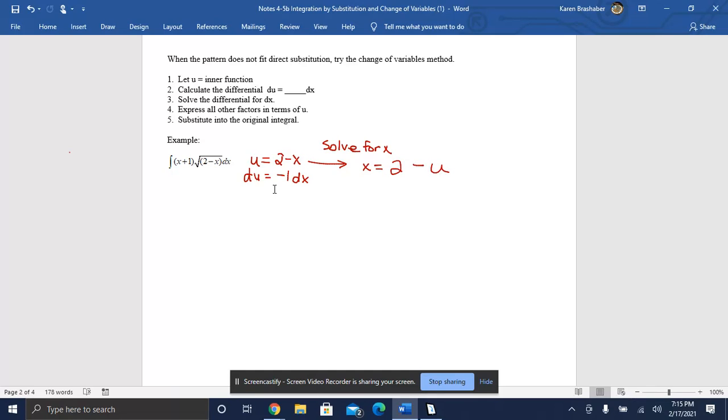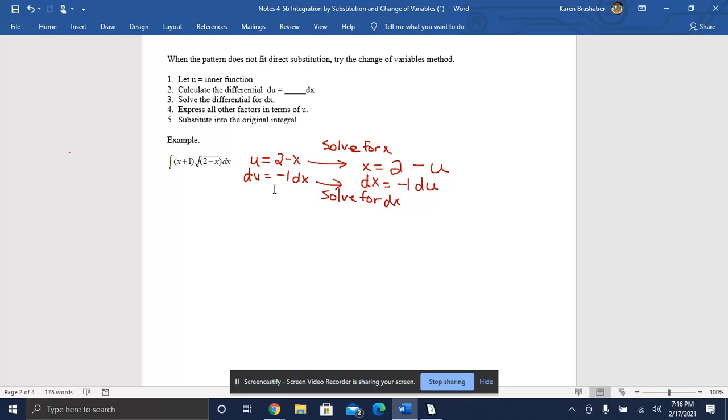And then for the other part, we could solve for dx. And so solving for dx, we could divide both sides by -1, and we would have dx equals -1 du.